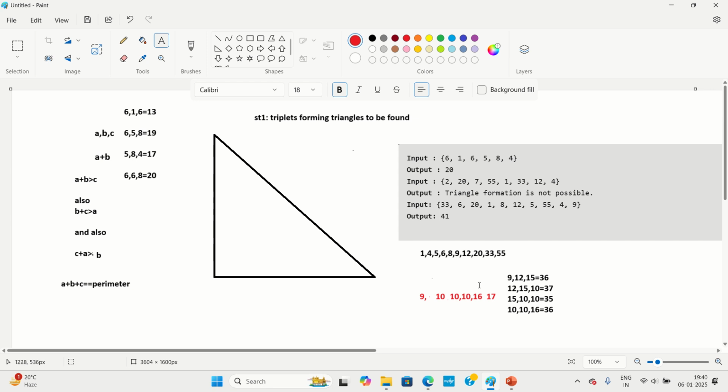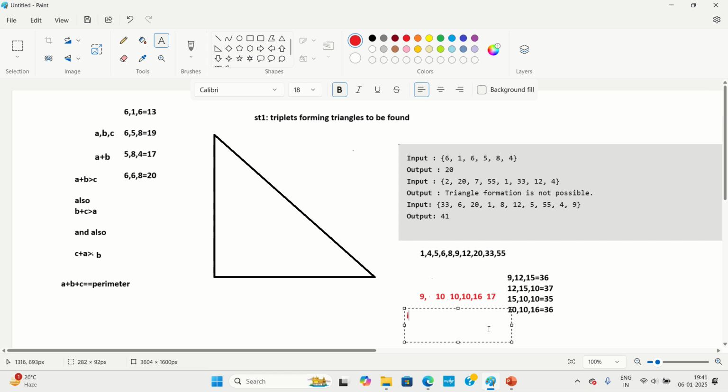So that is forming 43, but say suppose 10, 10, 16 and 10, 16, 17. From among these, which one to choose? We are supposed to choose the one with the maximum longer side. While traveling from the back side, we will obviously get the maximum longer side because the complete array is sorted.